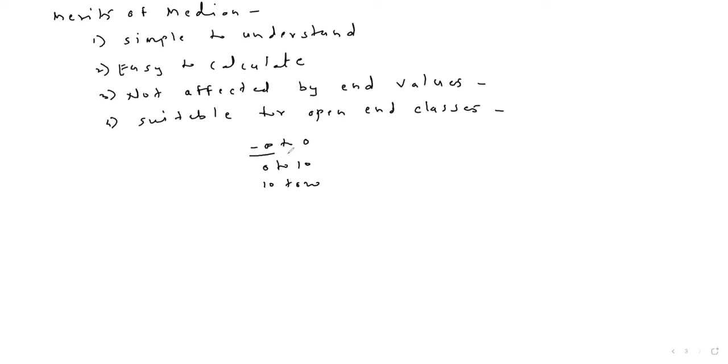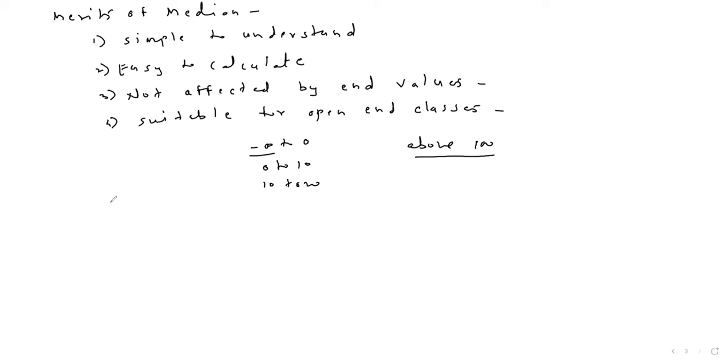That is, it is missing, isn't it? So we can have all the negative values in the first class. Such types of classes are called open-end classes. Or we may have a class like above 100. That means all the values which are greater than or equal to 100 are placed in this class, and these classes are also called open-end classes.